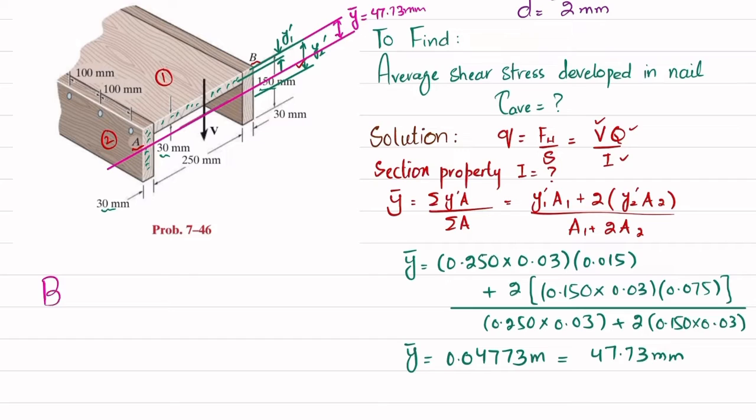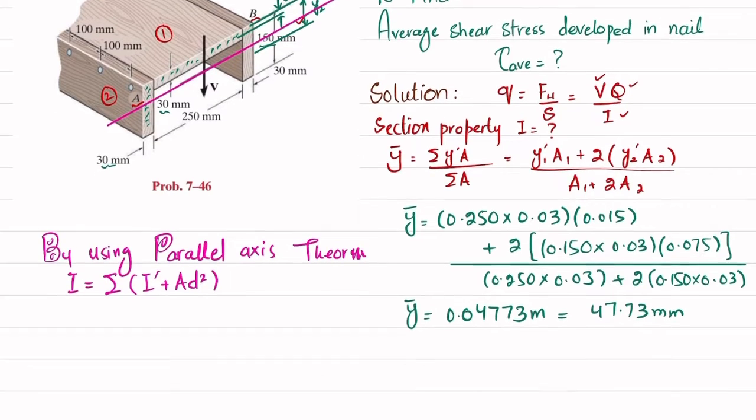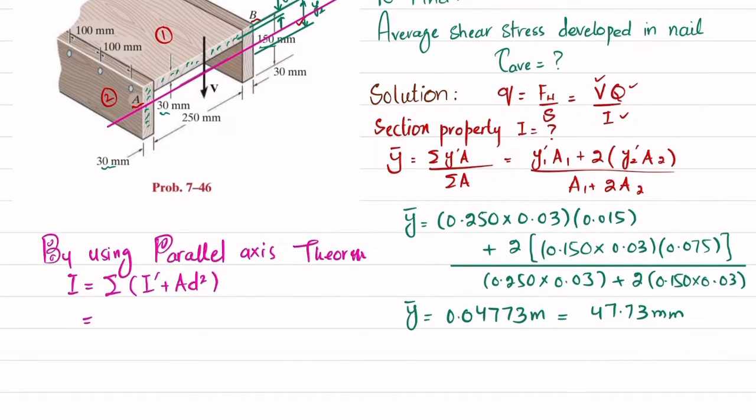By using the parallel axis theorem, I is equal to the sum of I dash plus A d square. For the first one, we first find the moment of inertia of this section, which is 1 over 12 times its breadth into h cube, where h is 30 millimeter.